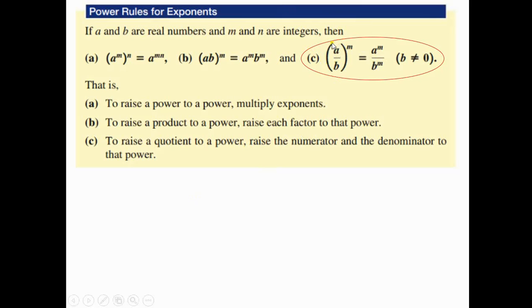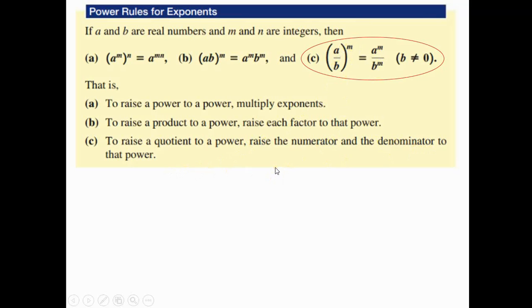If you look at it, what we have here is the quantity A over B to the power of M. And that equals A to the M over B to the M. So in other words, what we're doing here is raising a quotient to a power. And when we do that, we raise the numerator and the denominator to the power indicated, right?